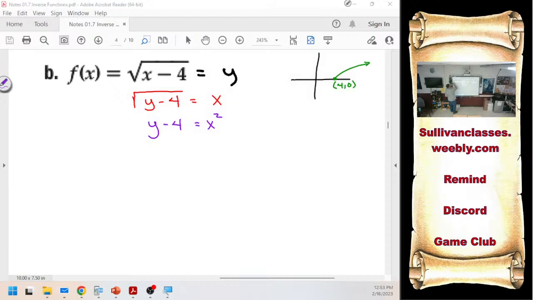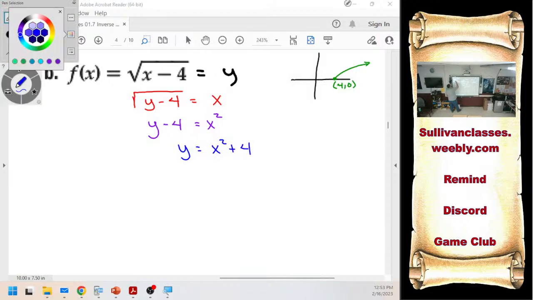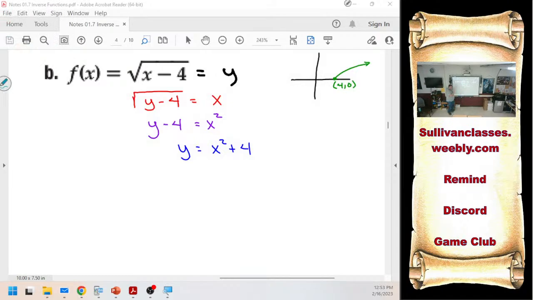Almost. x squared equals... I forgot, add 4 over. x squared plus 4. Okay, I can't leave it like this. You can factor it, but do you remember that it's x plus 2i, x minus 2i, because it's a sum of squares?